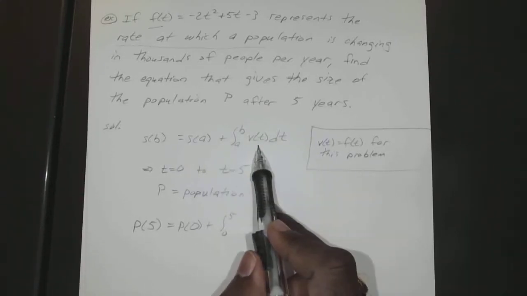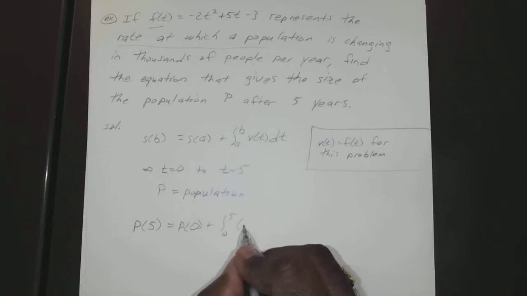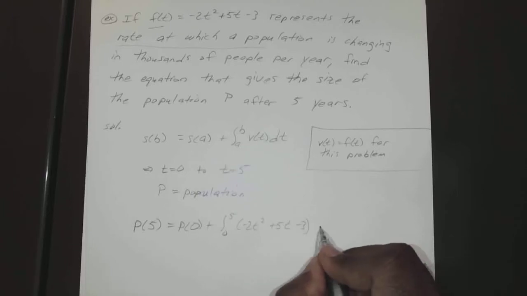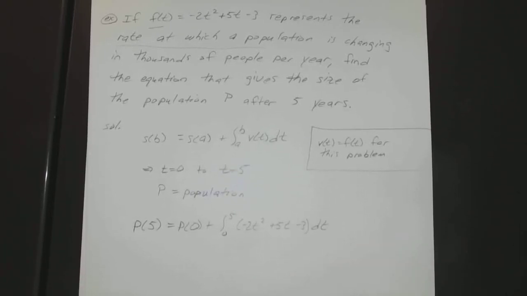And instead of your f of t, we're just going to plug it right in. Negative 2t squared plus 5t minus 3 with respect to t. All right, so any questions on that one?